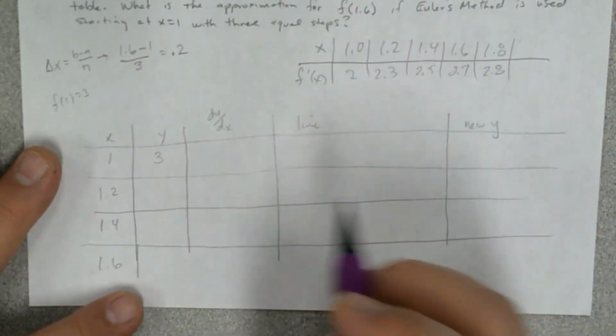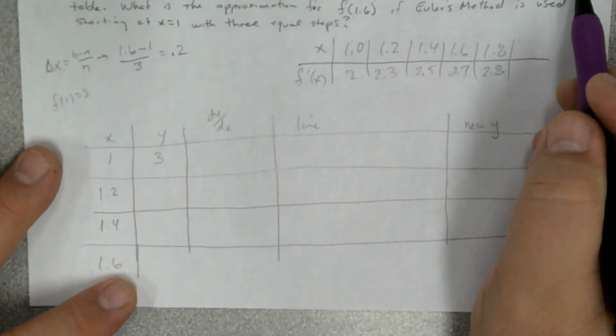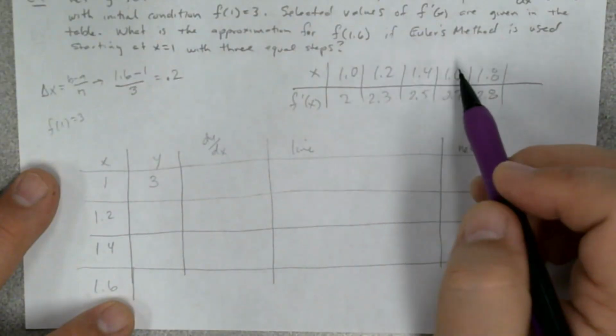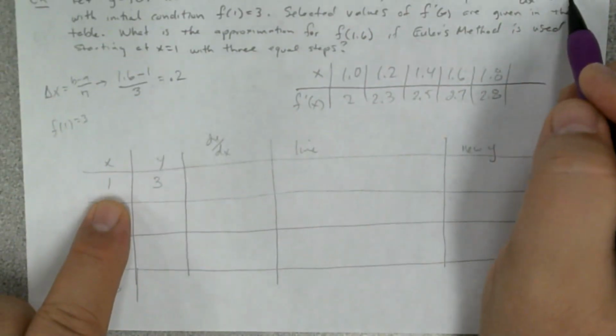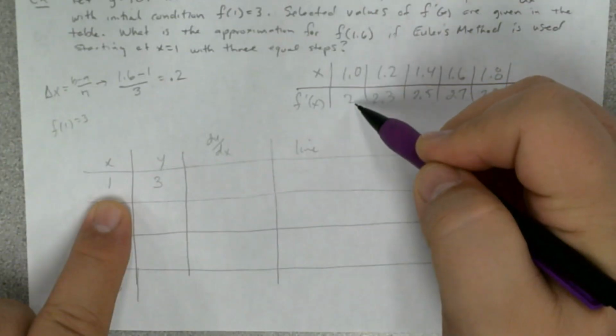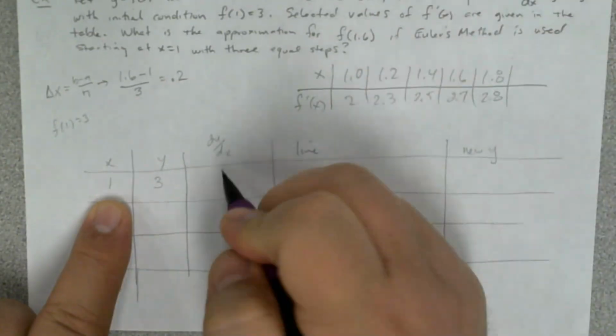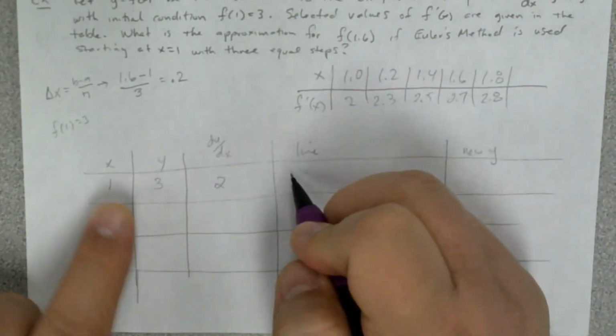Okay? So our slope is f prime. Here's my numbers for f prime. So we need to plug in f prime at x is 1, and our f prime is going to be a 2. So that means this slope is going to be 2 at 1. So we write our equation of our line.